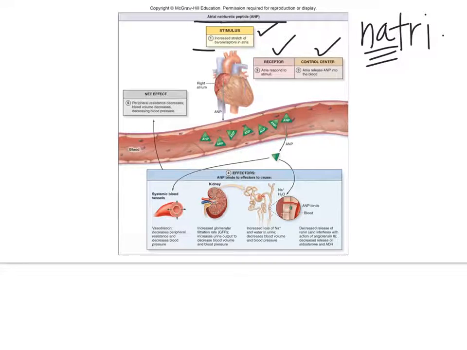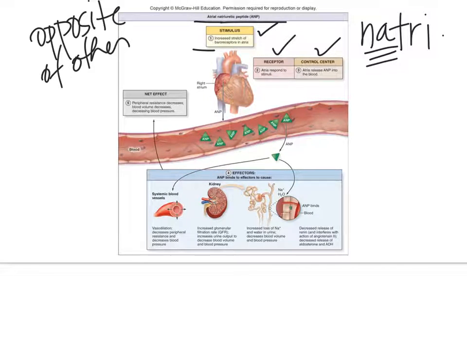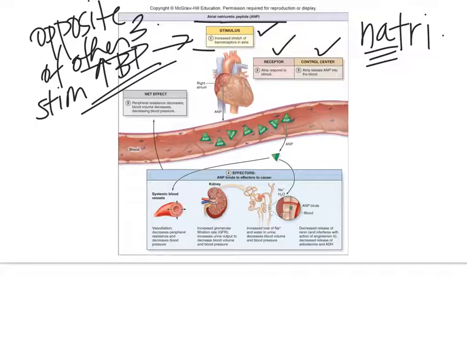And the changes that it's going to cause. This one does the opposite of the other 3. Its stimulus is increased blood pressure. Everything else was decreased blood pressure. So this one's opposite. That's important. What it'll do is vasodilation, so blood vessels get bigger.